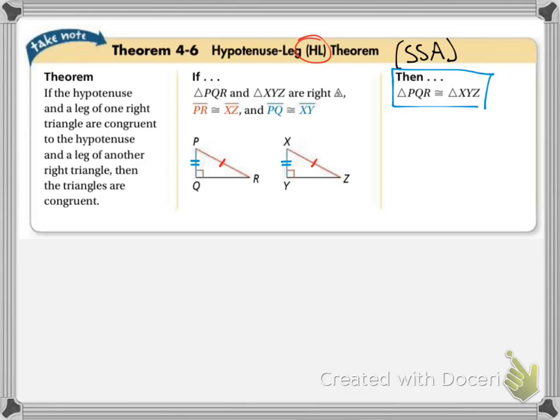There is a proof in your book if you're curious why this works and why it doesn't work for other triangles. But I want to look at something real quick. Let's call this side length x and this side length y. And since the red ones are congruent, let's call them both c, because they're congruent to one another.